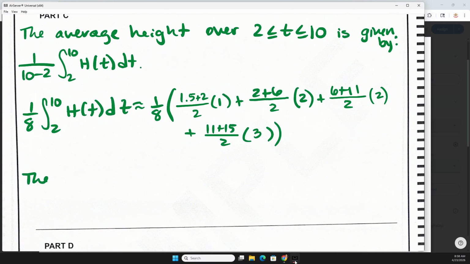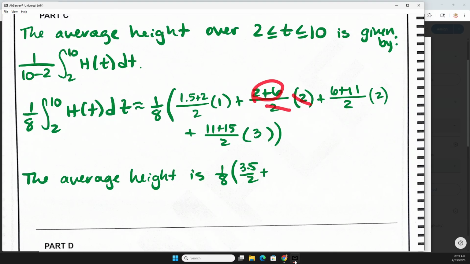So I would say something like the average height, and we're just quoting the problem, is, and then 1/8 times, and then I would do 3.5 over 2 plus, and then I would go ahead and add these and cancel these, and so that would be plus 8.